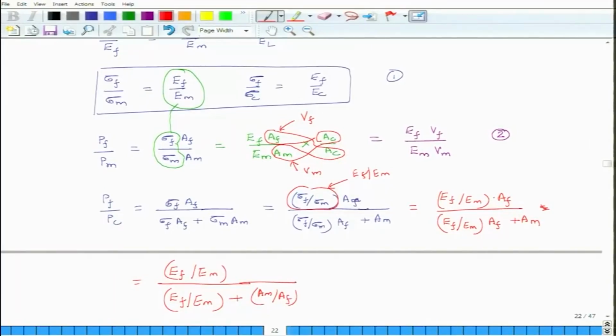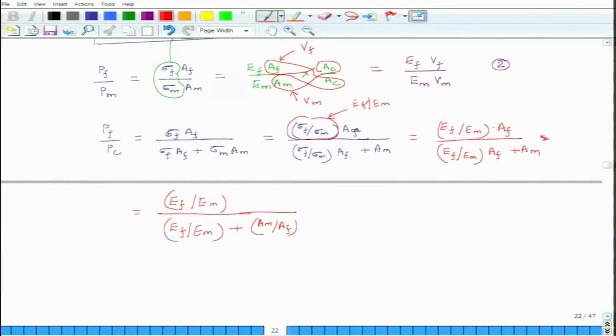Okay. And this ratio of areas is same as ratio of volume fractions. So, load shared by fiber relative to that by composite is Ef by Em by Ef by Em plus Vm by Vf. And we know that Vm is what?